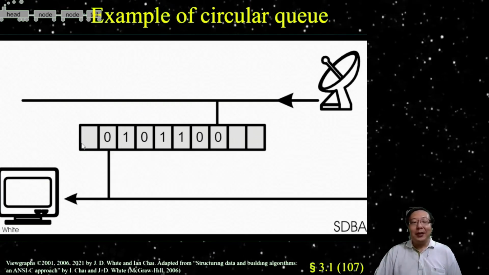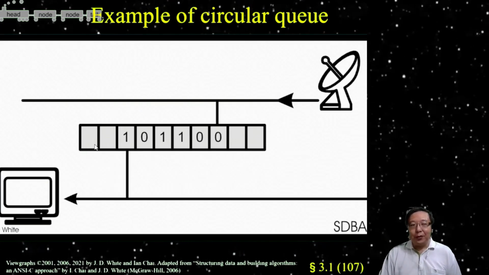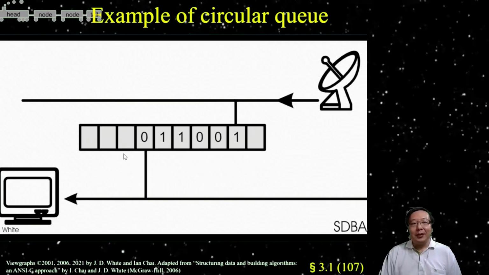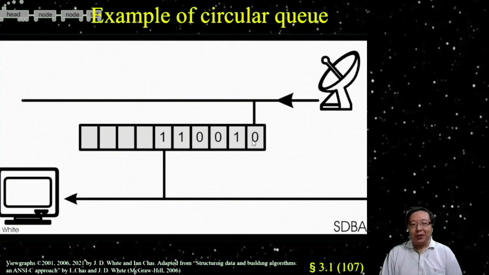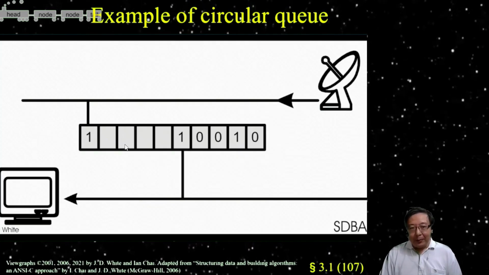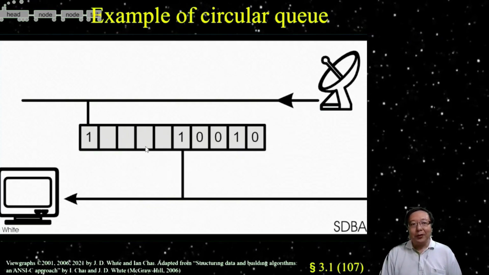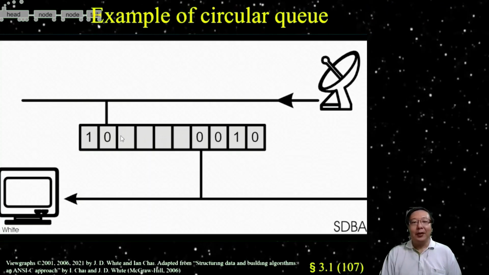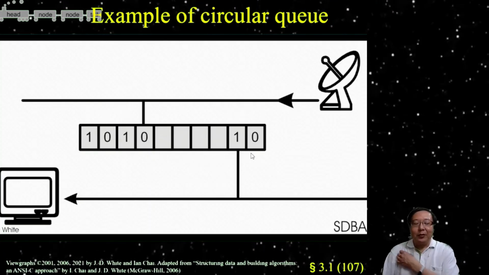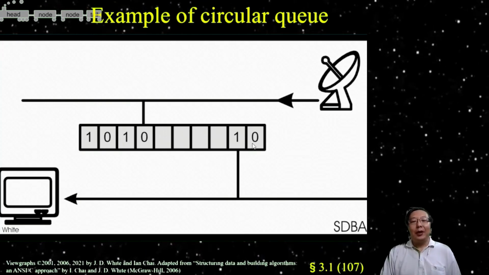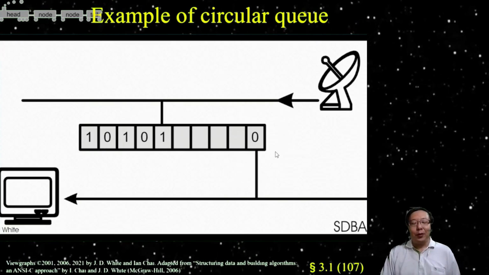Now, of course, in this example, we just have very few bits in this queue, but in real life, you would have a much bigger one. But just for this illustration, you see how if you come off the end, you come up to the front, and you continue that way. And so that way, you never run out. Well, you can run out of space by filling in all this space, but you have enough space to work with.